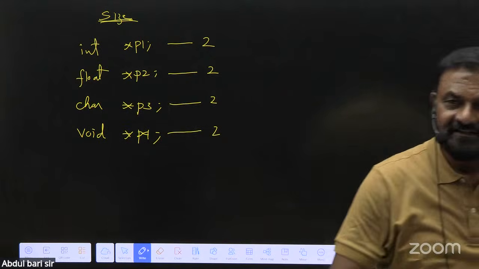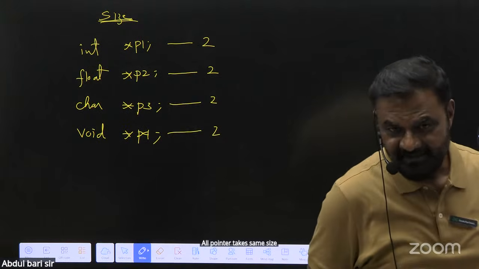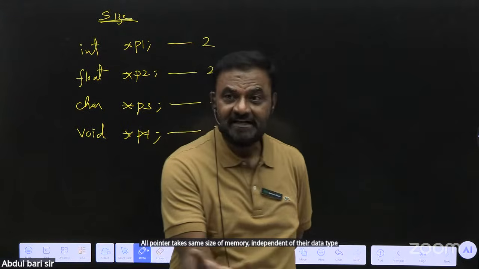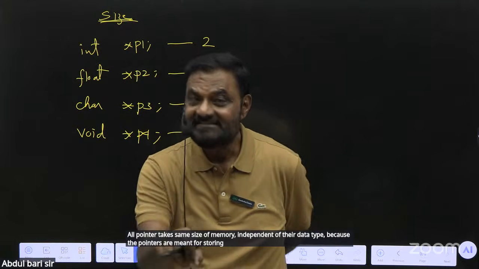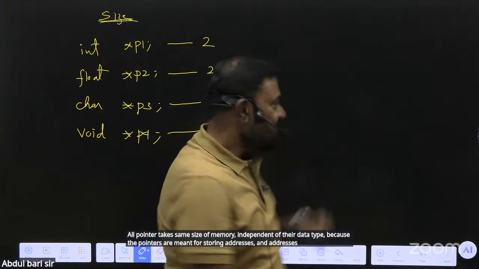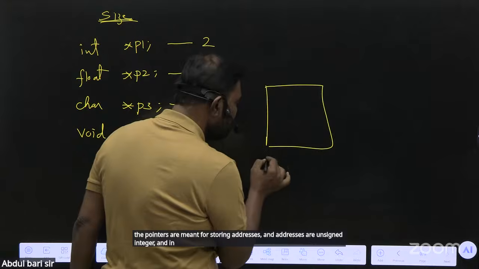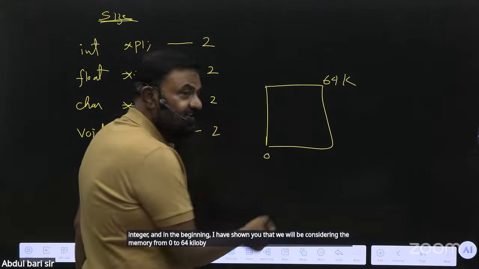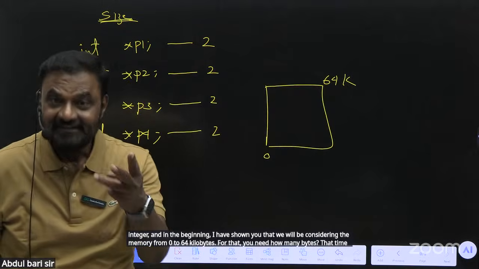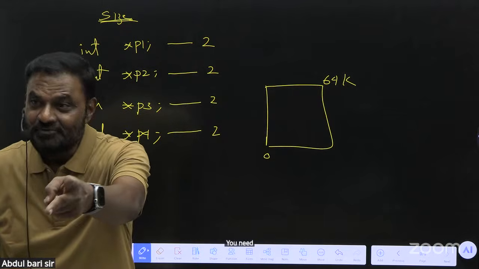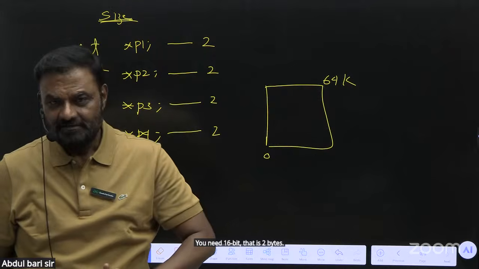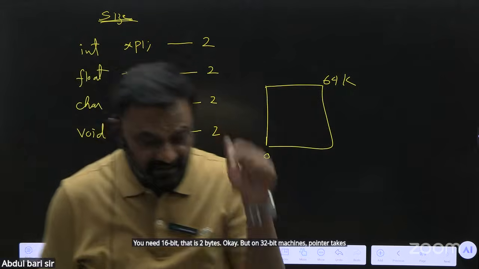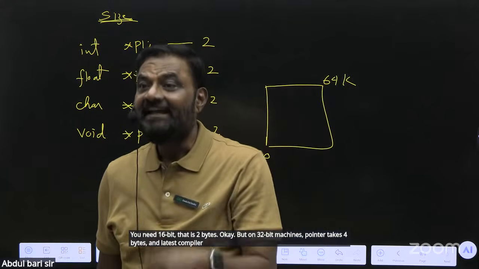All pointers take the same size of memory independent of their data type, because pointers are meant for storing addresses, and addresses are unsigned integers. In the beginning I showed you that we will be considering memory from 0 to 64 kilobytes. For that you need how many bytes? That time you decided you need 16 bits, that is 2 bytes. But on 32-bit machines a pointer takes 4 bytes, and the latest compilers' pointers take 8 bytes.